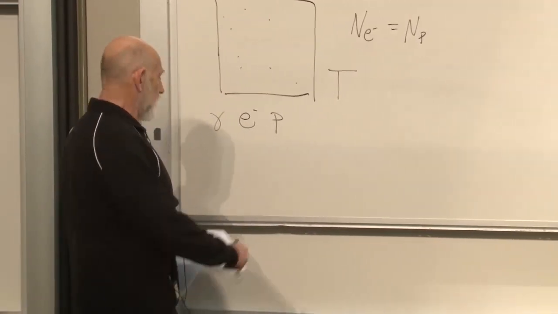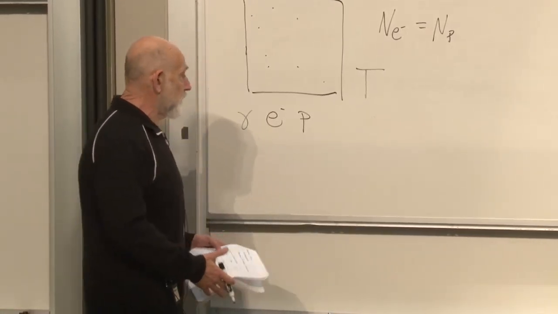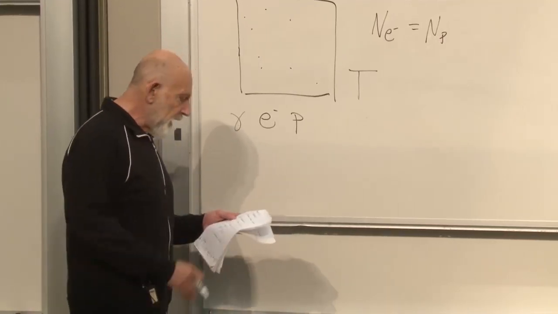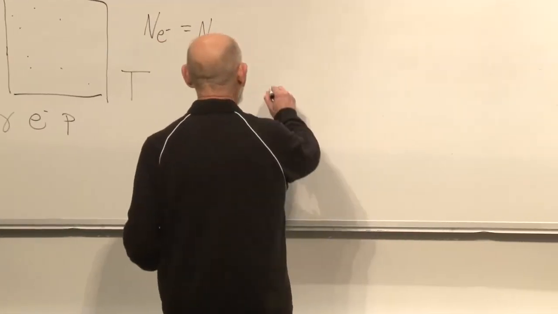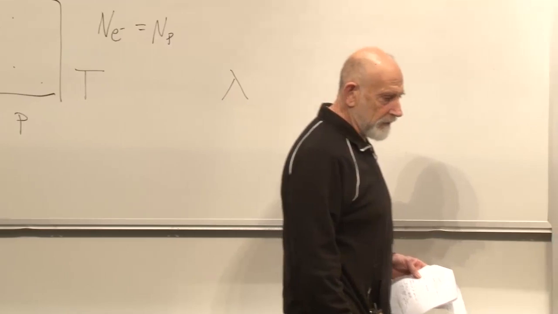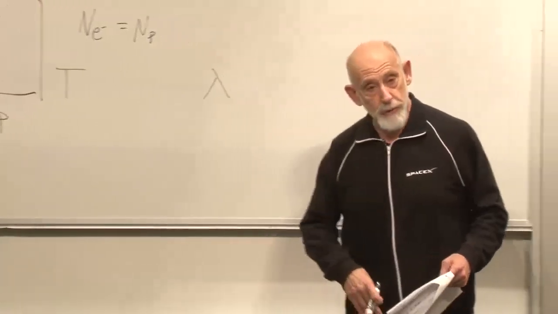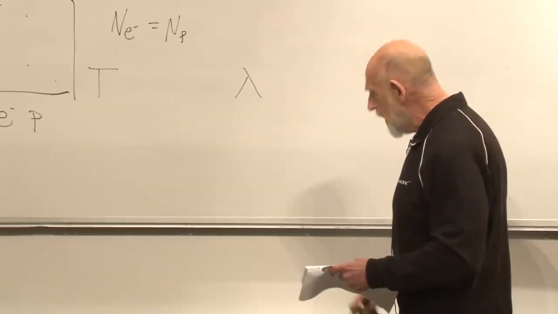Now, the radiation in the box, every component of the radiation, every photon, if you like, or every bit of the radiation, is also characterized by a wavelength, lambda. There are many, many different wavelengths in the box. The box does not have a single wavelength once it's in thermal equilibrium, and the distribution of wavelengths is determined by the thermal properties of the box.